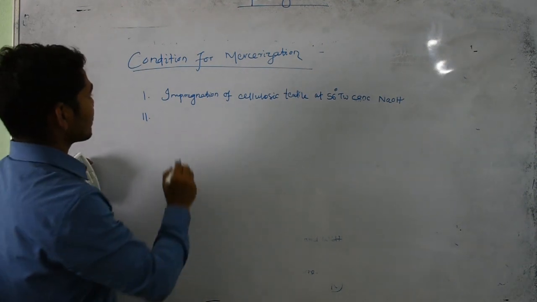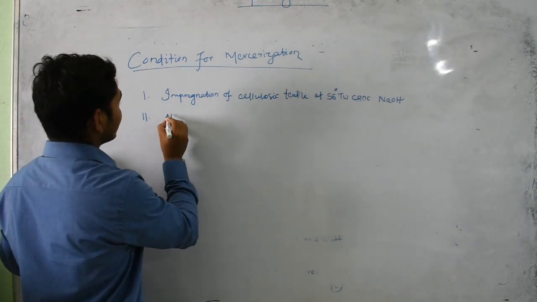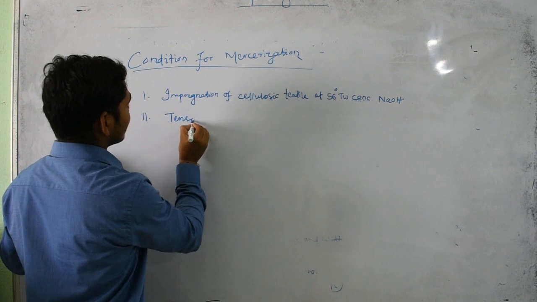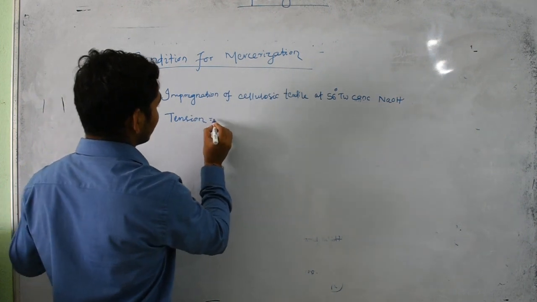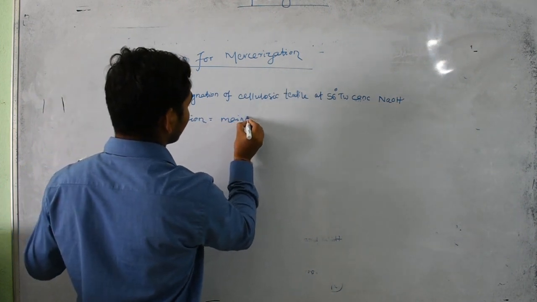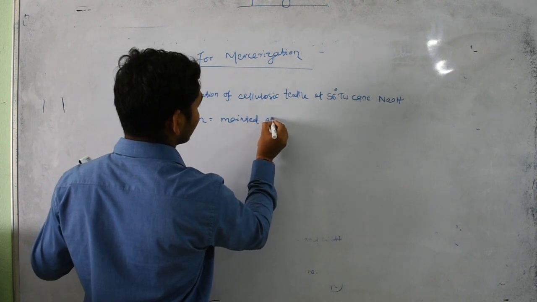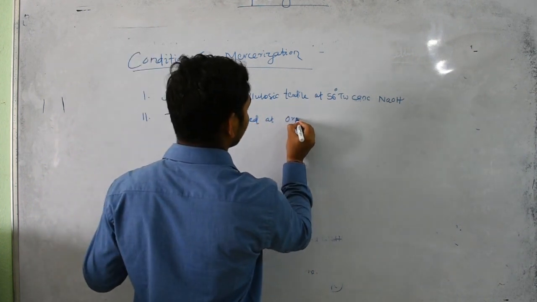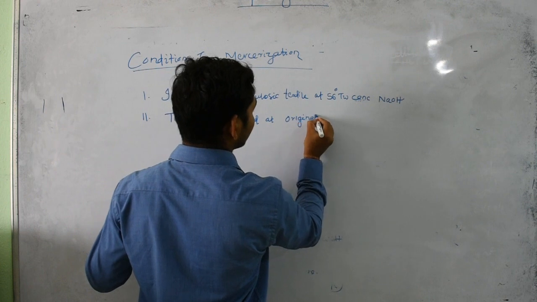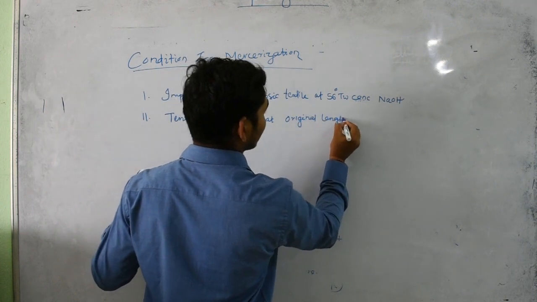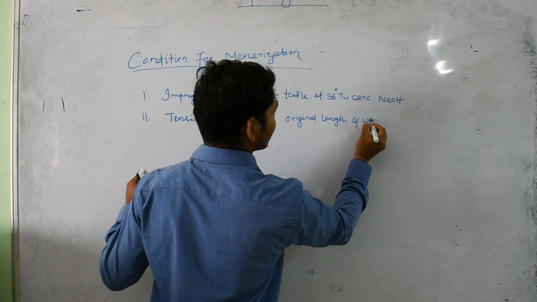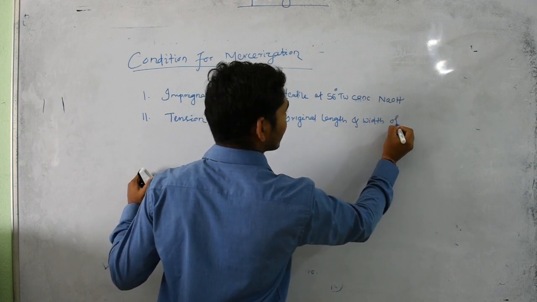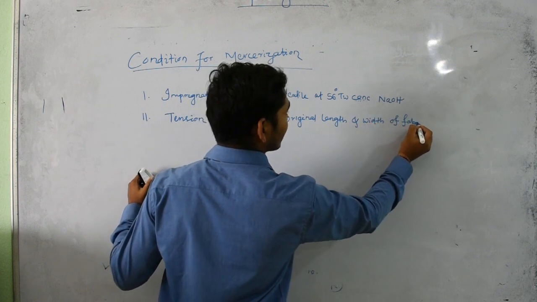Second is tension, which is maintained at original length and width of fabric.